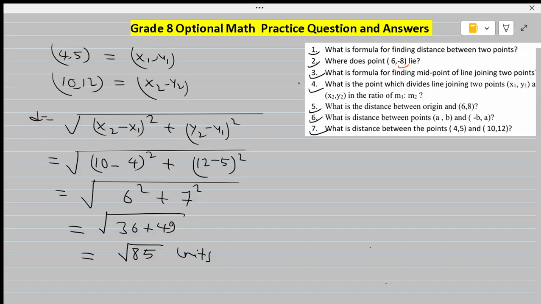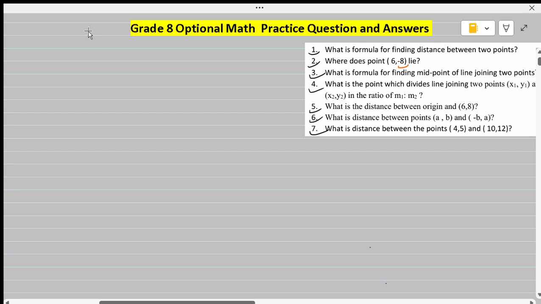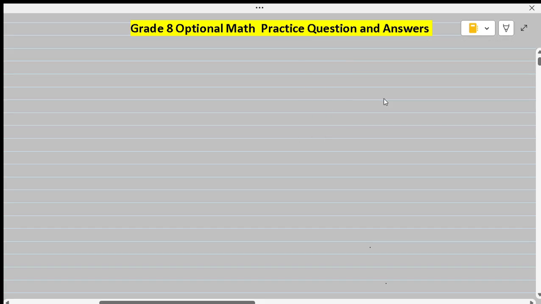So I made it clear up to number 7. Now I go through number 8 and next. So let's make this clear first. Up to 7 we are clear.